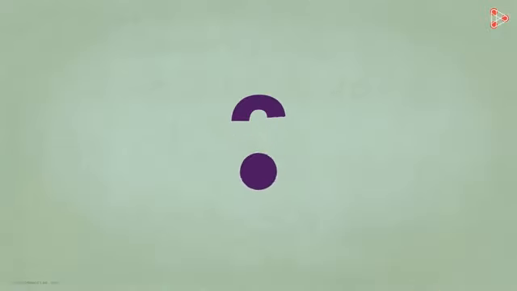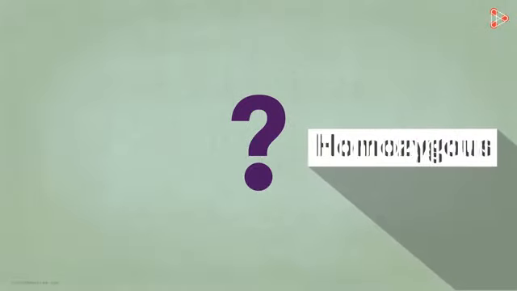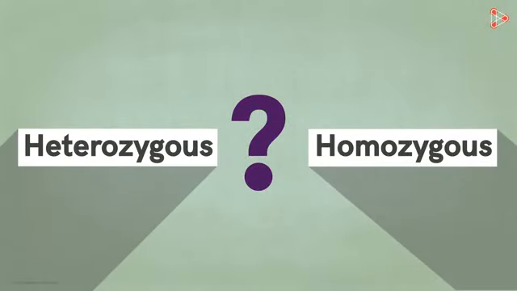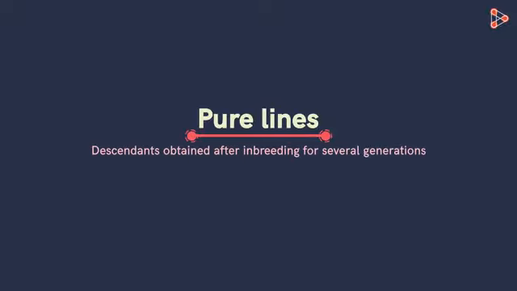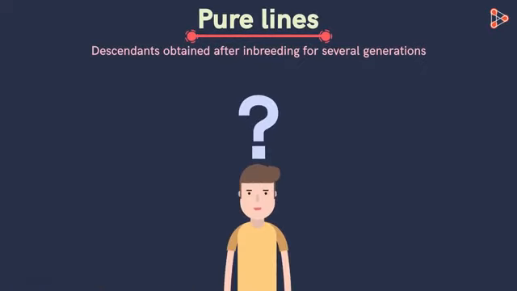Now, how are we supposed to know whether the organism considered for crossing is homozygous or heterozygous for a particular character? For this, we have the concept of pure lines. Pure lines are nothing but the descendants obtained after inbreeding for several generations.